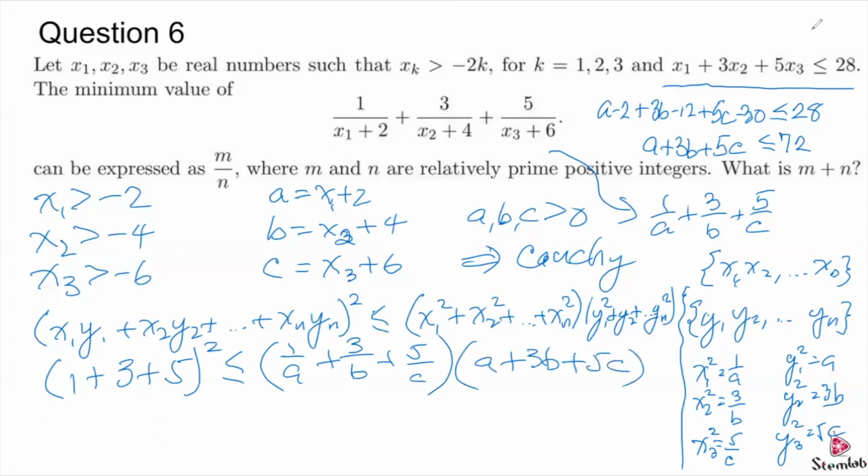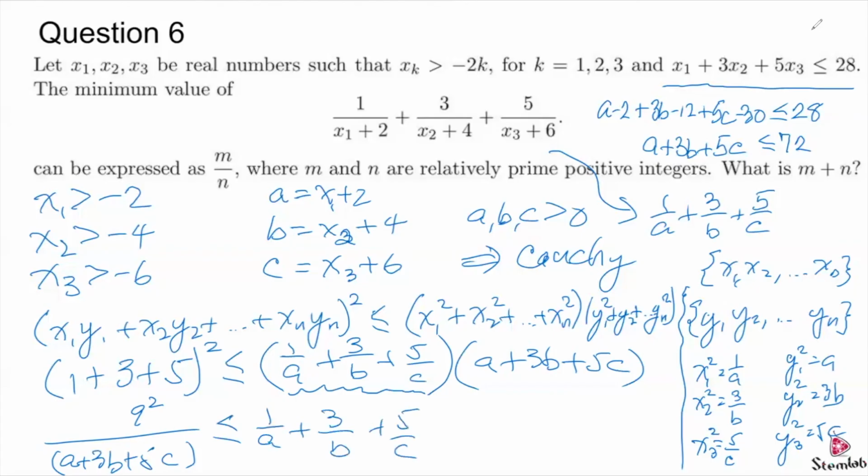Okay. We want to minimize this expression here. So let's transpose the other expression to the other side. We simply have 9 squared all over a plus 3b plus 5c is less than or equal to 1 over a plus 3 over b plus 5 over c. To minimize the right-hand side expression, we need to maximize the denominator.